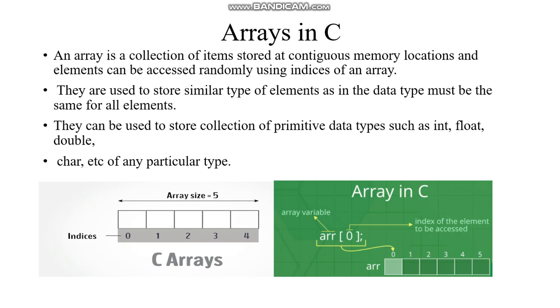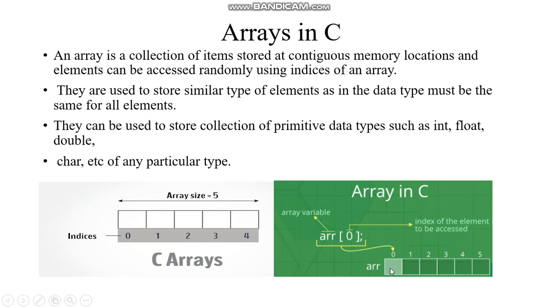From the picture, you can see this is an array. Five elements can be stored in that array. It may be of any data type. Here in this picture, an array is a group of memory locations. Every location will have an index, and all share the same name.